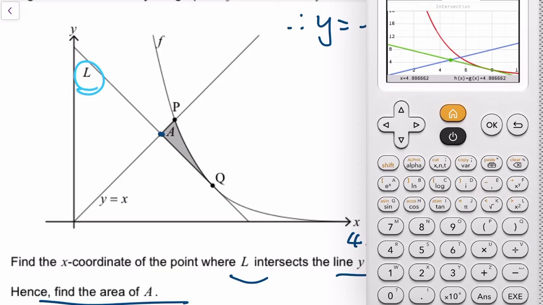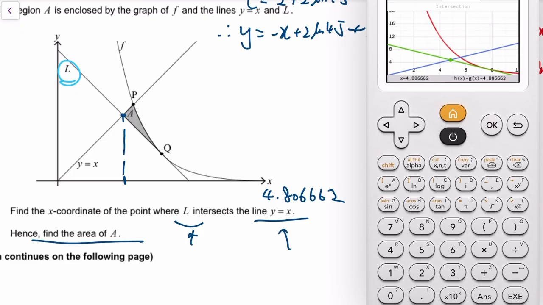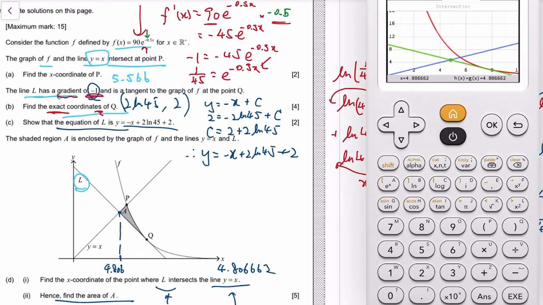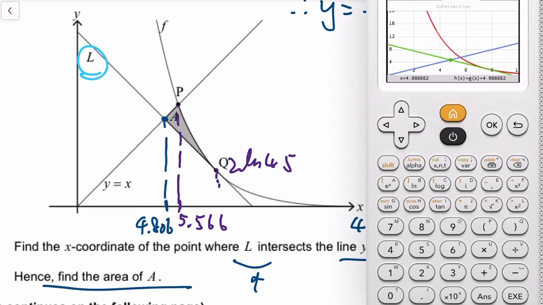We know this point, which is the intersection between L and the line, so it's 4.806. We know P. P was here, so P is 5.566, and Q is 2 ln 45. We know all three points.